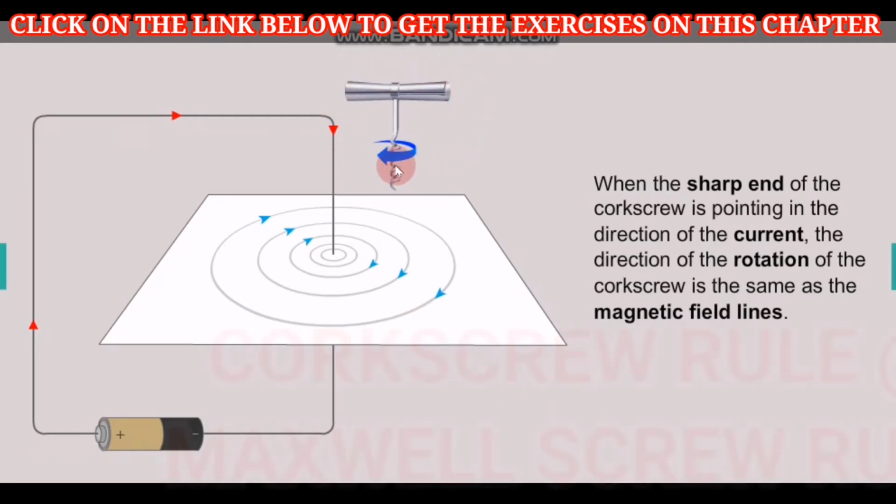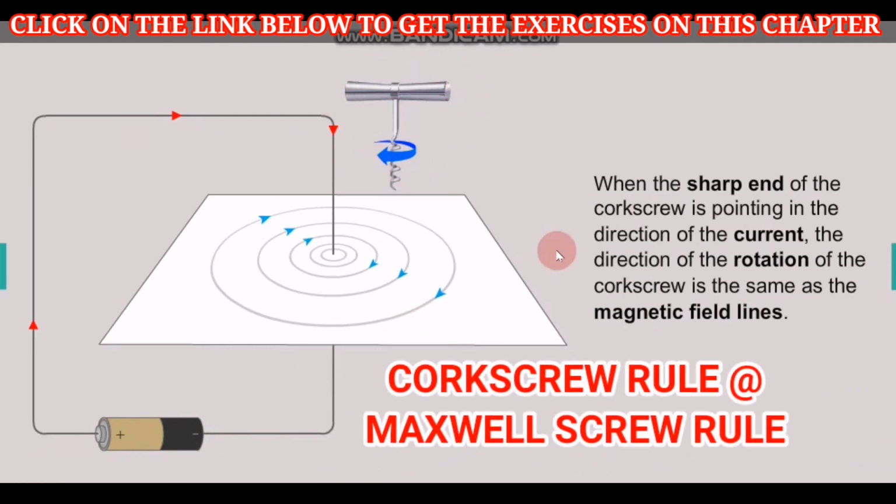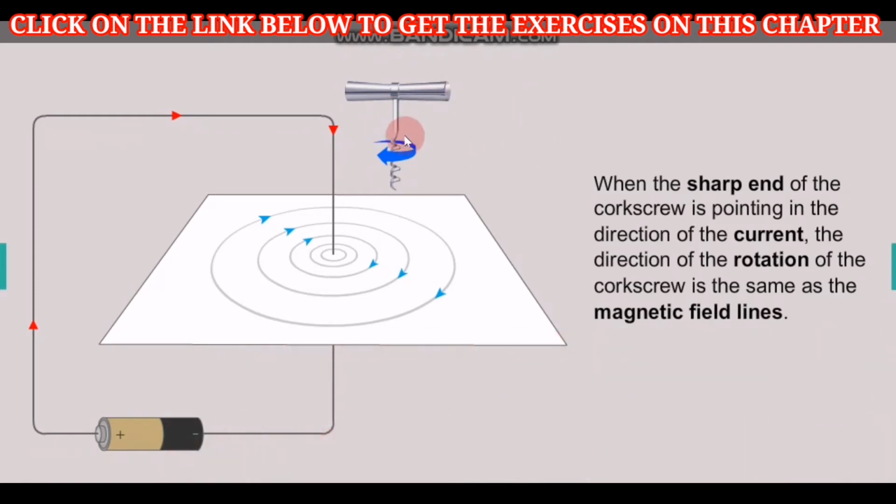It is called the corkscrew rule, also known as Maxwell's screw rule. So if you look at this diagram, it shows that when the sharp end of the corkscrew is pointing in the direction of the current, the direction of rotation of the corkscrew is the same as the magnetic field lines.